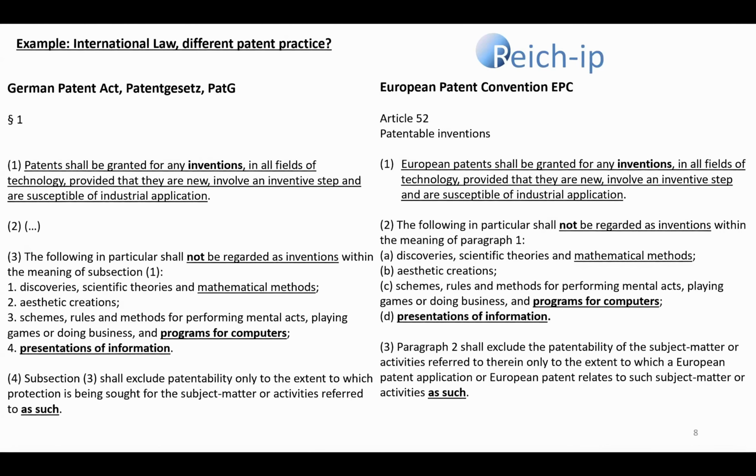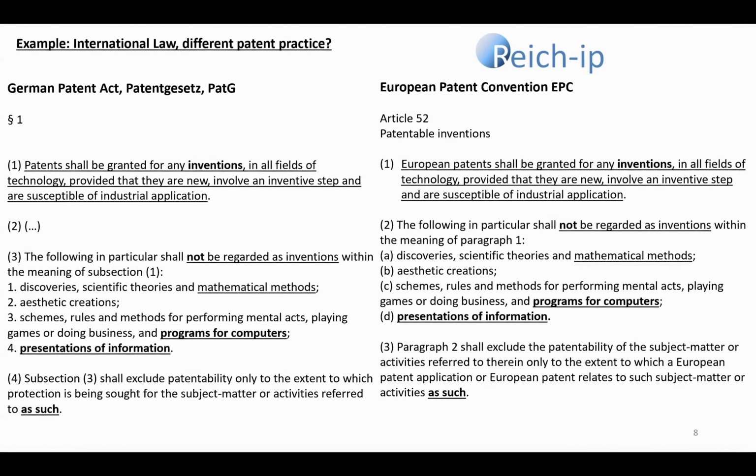So as you can see, we have an exclusion from patentability regarding programs for computers, presentations of information. And as you also see on the slide, the German Patent Act and the European Patent Convention have more or less the same wording.